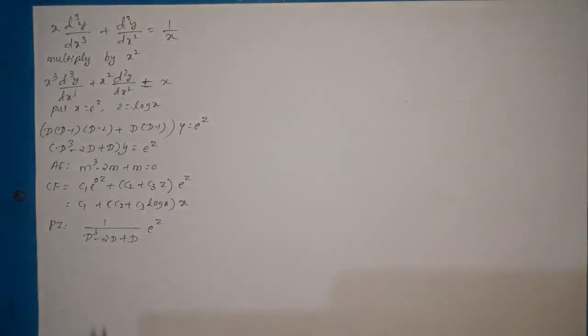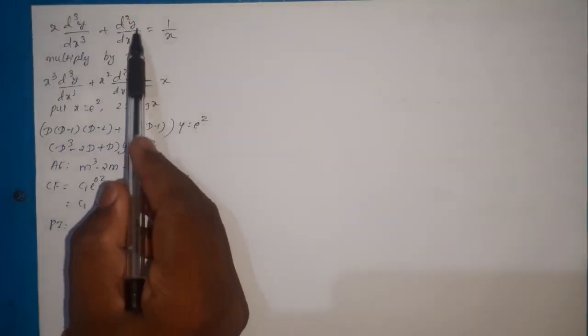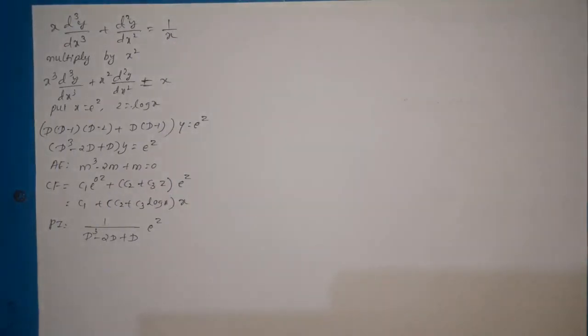Next example, x into d cube y by dx cube plus d square y by dx square is equal to 1 by x. So now look at the problem. It is not in the standard form, meaning whenever the coefficient of the derivative, d cube y by dx cube or d square y by dx square, must be multiplied by the same order of x.